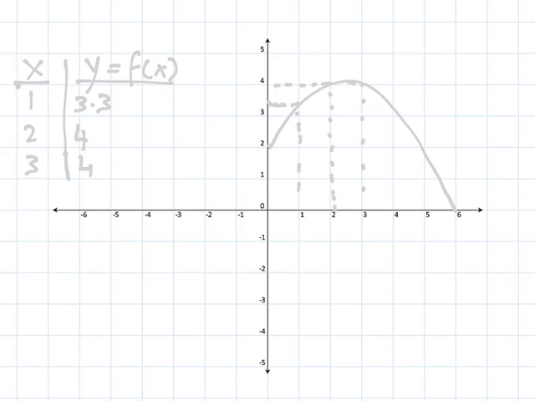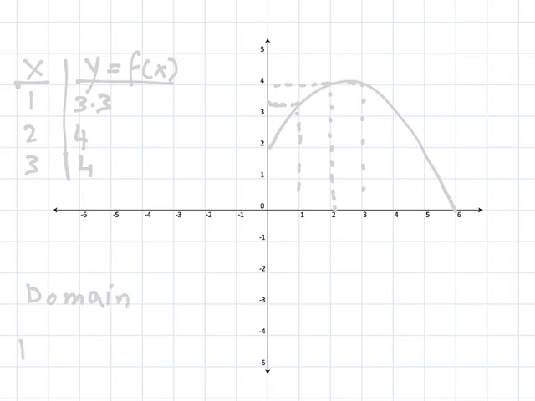And therefore, that's how you find the y value for each given x value.